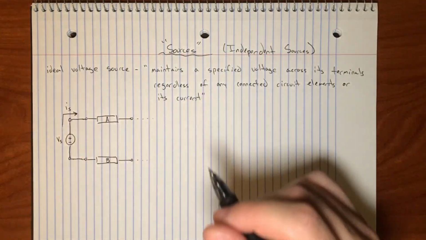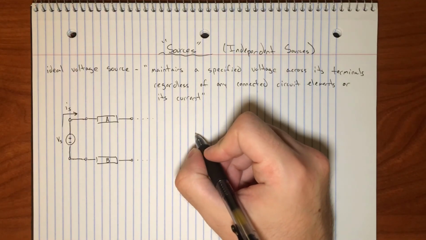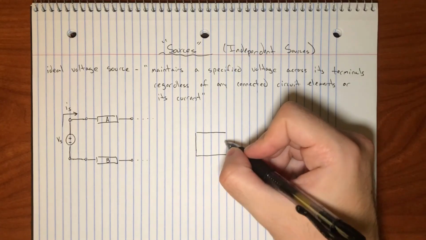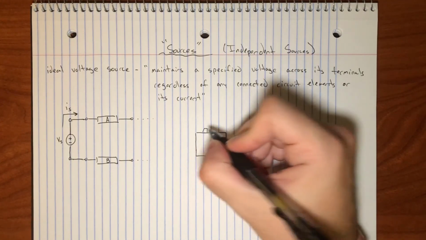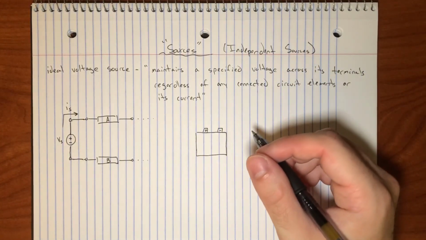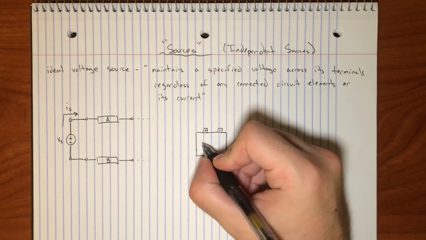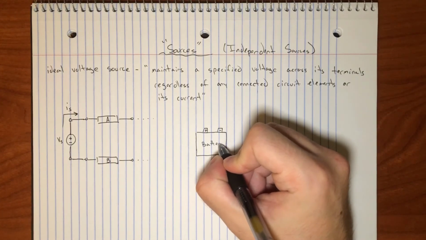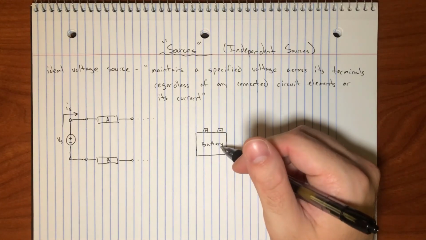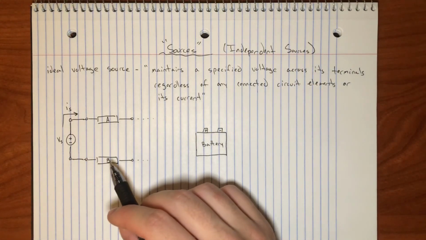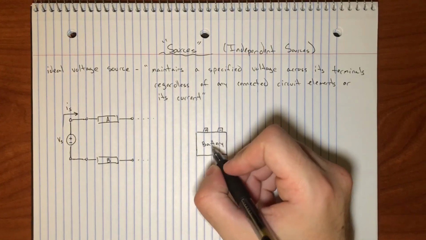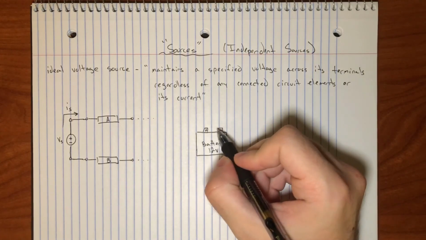Now, to give a real-life example of a voltage source, albeit not an ideal one, I could just point to the battery, like I've talked about several times in my videos so far. Any battery you've ever used in your car, your phone, a remote control, whatever, these are real-life voltage sources. You have a 12-volt battery in your car, and it behaves like this, with the caveat that it cannot maintain its advertised voltage regardless of the current that flows through it.